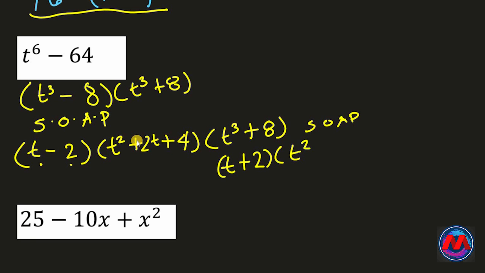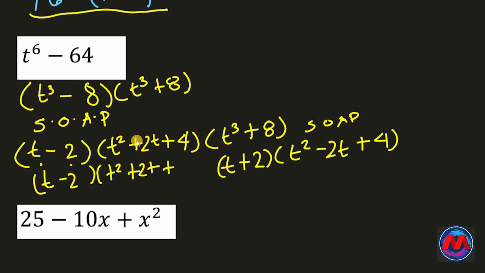Tsaka, t squared, opposite, so magiging negative to. 2 times t is 2t, and plus, 2t, kasi always positive, plus 2 squared is 4. Alright? So, ito ang ating final answer. t minus 2, tsaka t squared plus 2t plus 4. Alright.